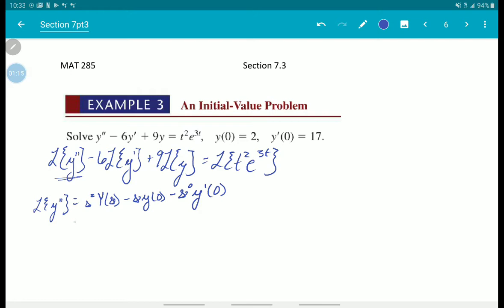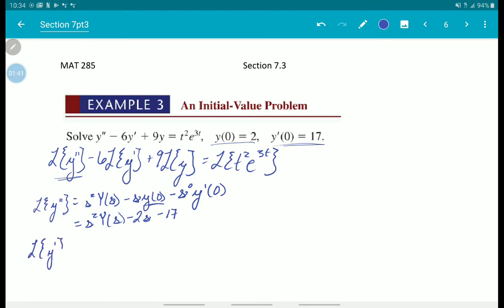If we substitute in everything we know, our y of 0 is 2, so this is a 2s, and then our y prime of 0 is 17. So this is going to be minus 17 times 1, which is minus 17.